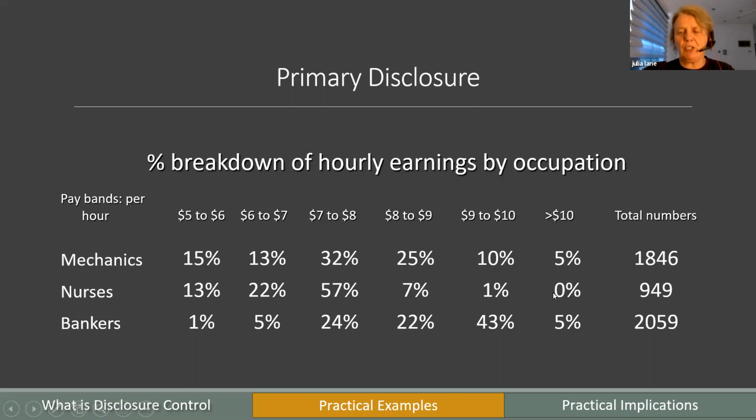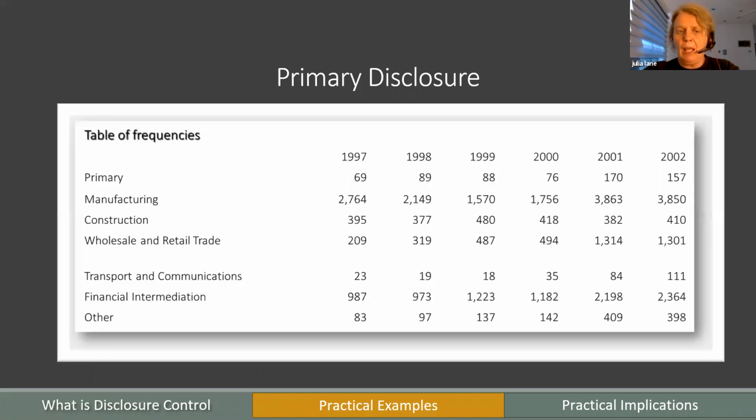There's an attribute disclosure here at 0% because it's saying no nurse makes more than $10 an hour. So if I release that cell, that would be telling me that no nurse made more than $10 an hour. So that would be an attribute disclosure.